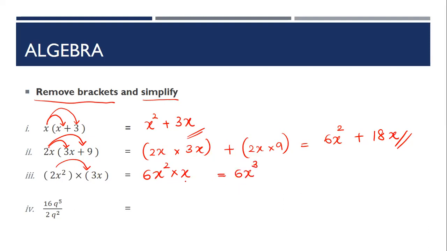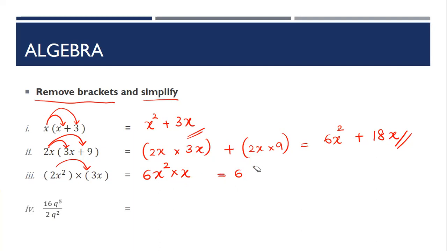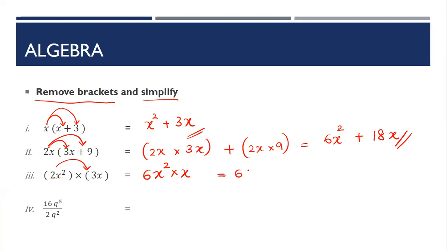So this is multiplication, so the powers are adding. So here, x power 2 plus 1. So the answer is 6x power 3. Okay. So what is the answer for the fourth one?